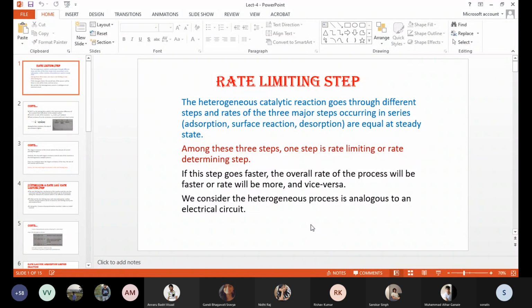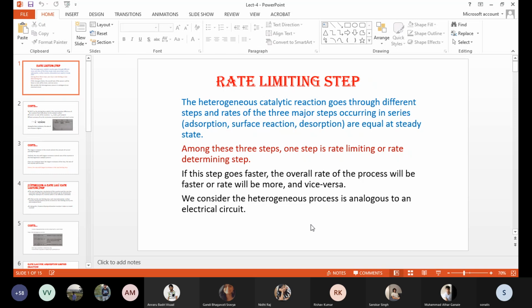Just don't forget about the mass transfer steps. If we consider only these 3 steps, then all these steps are equal in the steady state, and one of the steps is slowest. According to that slowest step, the overall rate becomes slow.